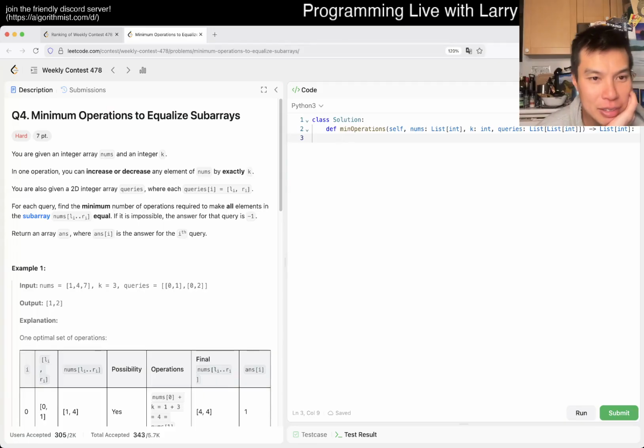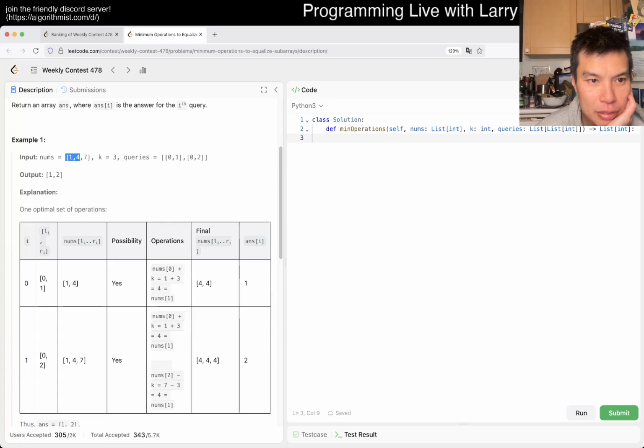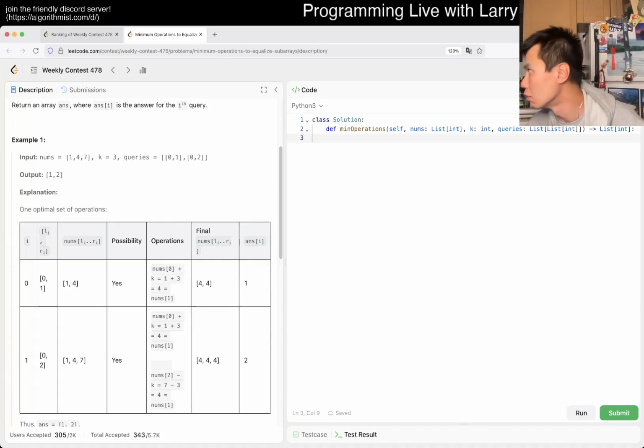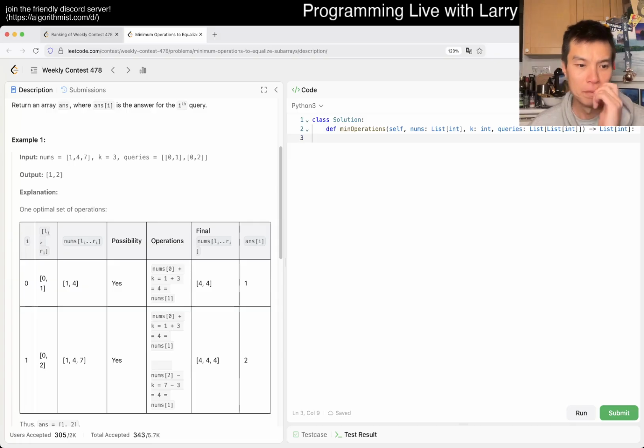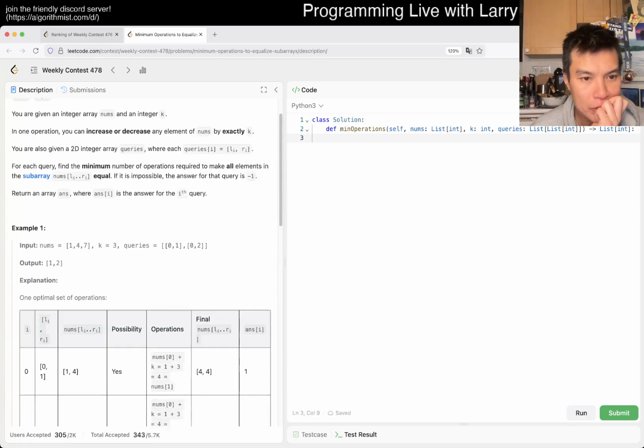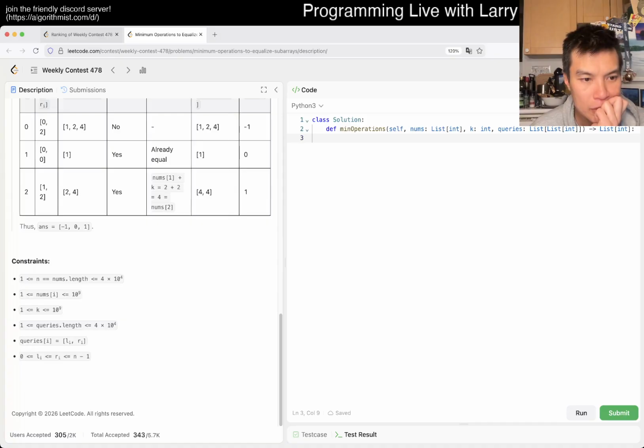Alright, you're given a number K and exactly K. So K is constant. And K could be big, so no K shenanigans. K is not that big.